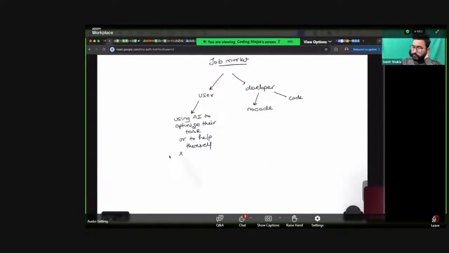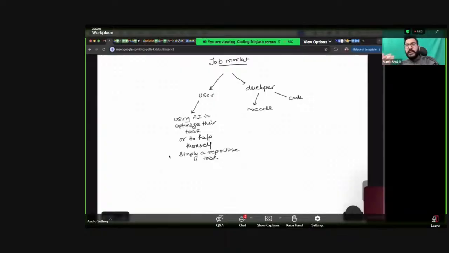So, for example, if you have a regular task of checking your email and then approving something, or maybe let's take a very simple example: if you are using ChatGPT to rewrite your email by correcting the spelling mistakes and grammar, then you are a user of AI.